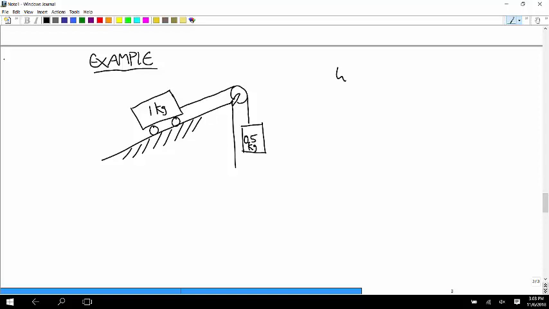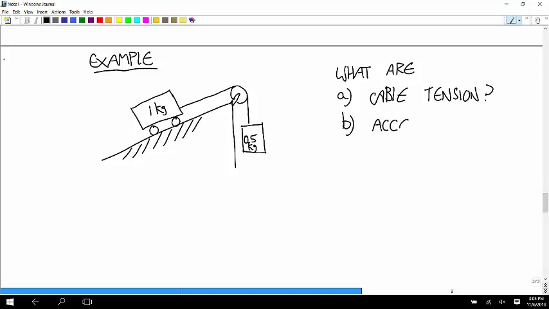And we want to know what are the cable tension and the acceleration of the 1 kilogram part. And we need to choose an angle here. Let's say this is, I'm going to use 30 degrees because then I can use the trigonometry we already did.